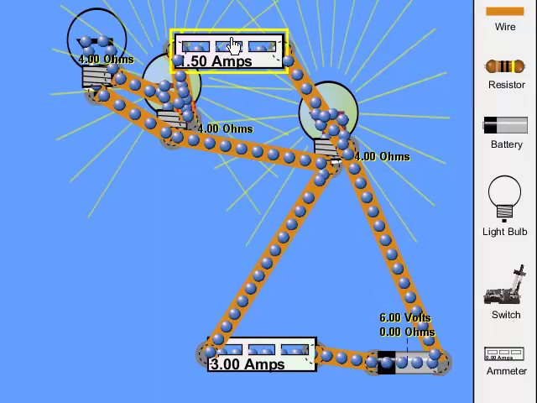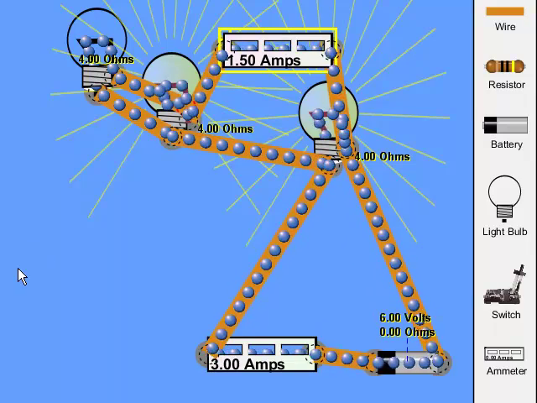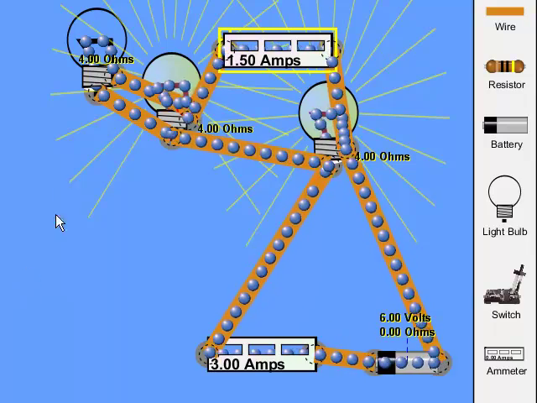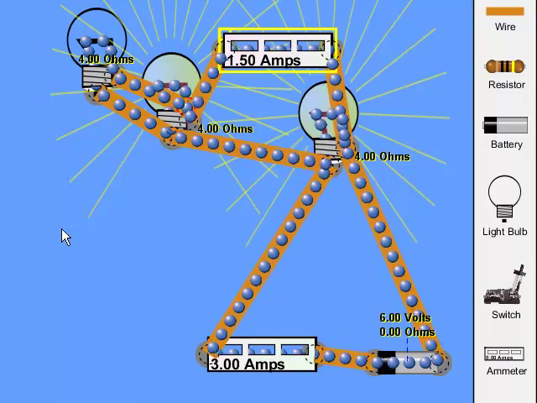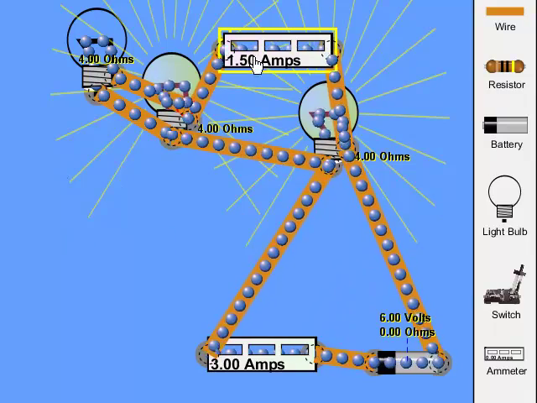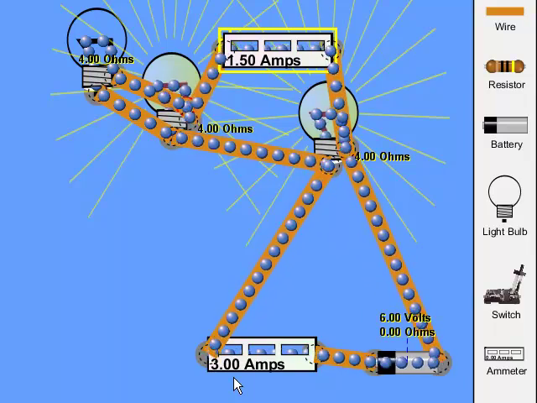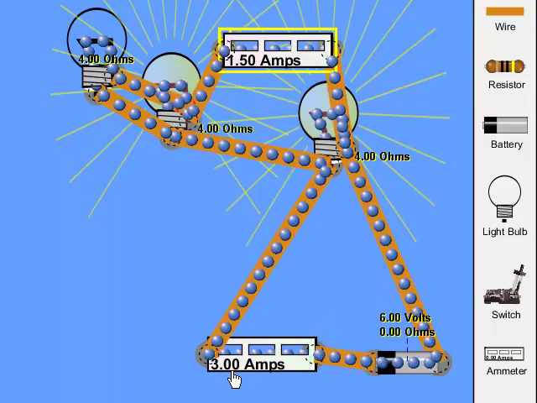We can see that it measures 1.5 amps going to one of the light bulbs, and it would measure the same to the first and the third light bulb. The way I have it wired here, it makes it actually a little bit difficult to measure each individual one. Oops. That's interesting. Why does it say 3 down here? Ooh, that should be still 4.5.